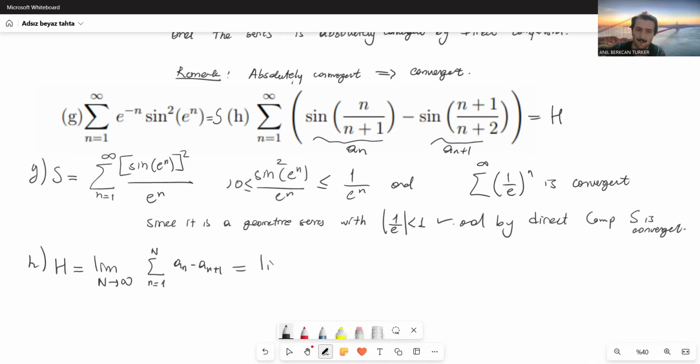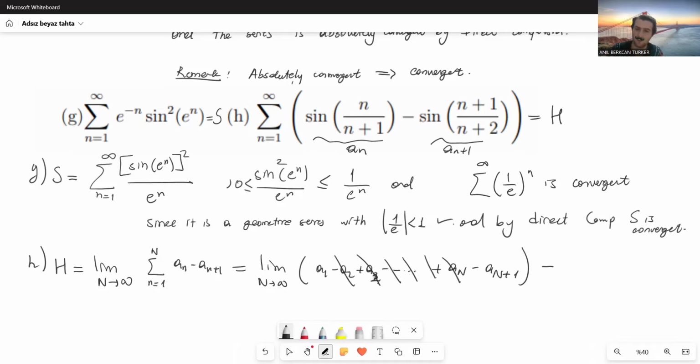So it's like a_1 minus a_2 plus a_2 minus a_3, and so on. At the end, it is a_N minus a_(N+1). They cancel each other, so what we have is a_1 and a_(N+1).